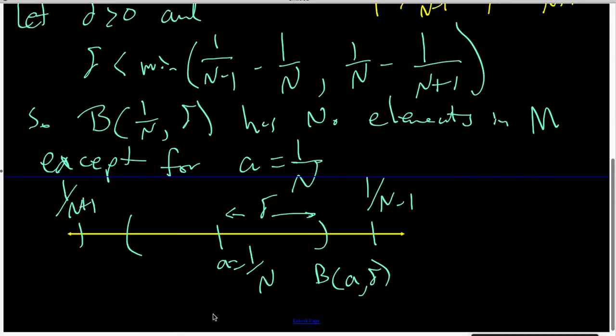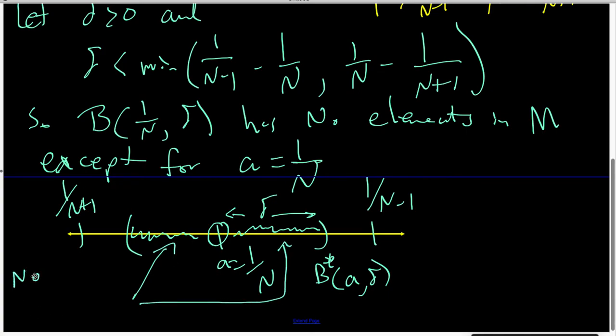And because of the way the integers work, there are no elements in the punctured delta ball inside set M that lie in here. So no element of set M lies inside the punctured delta ball.